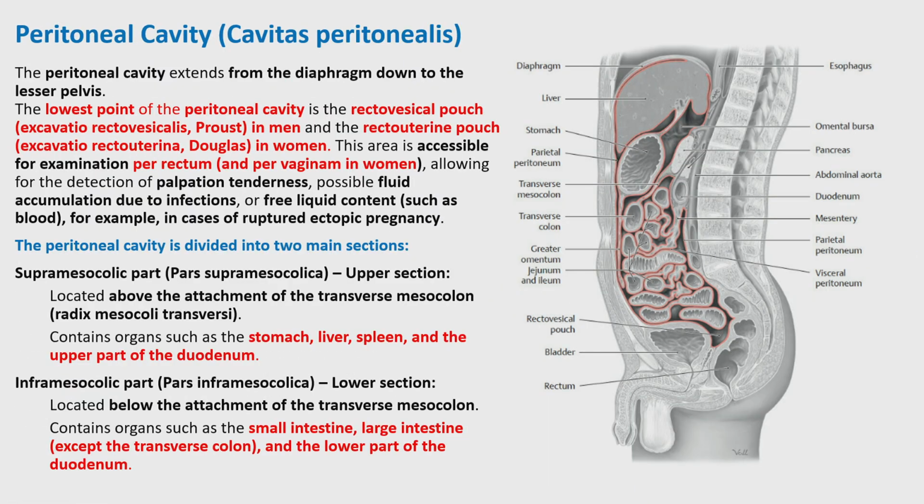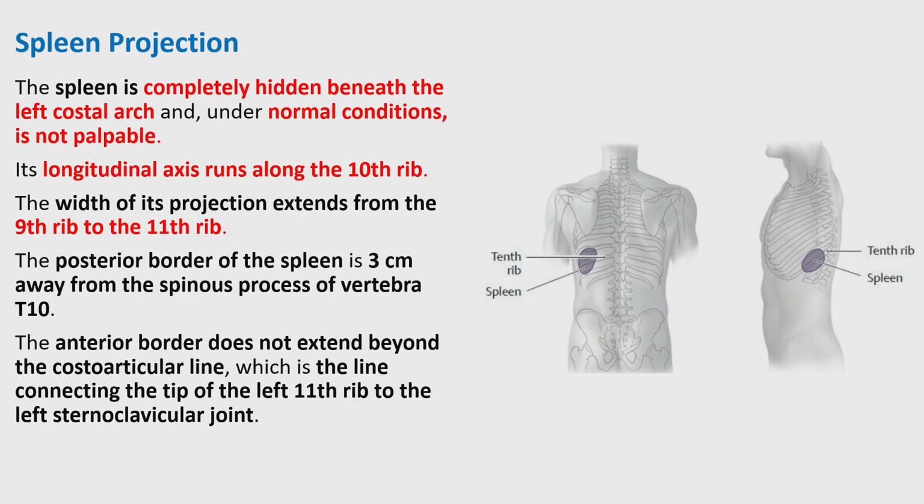Then, of course, you have to know about the projection of the organs. First, the spleen: know that the axis of the spleen is copying rib number 10.